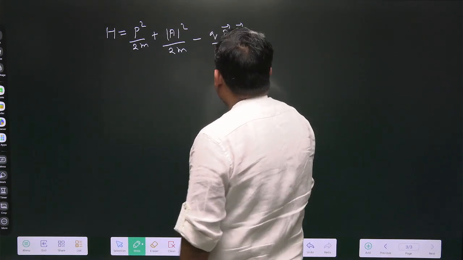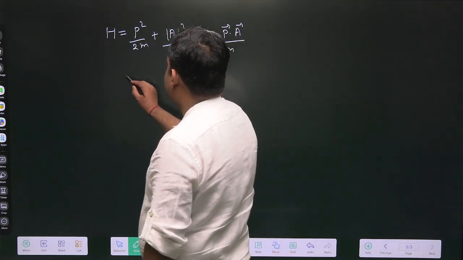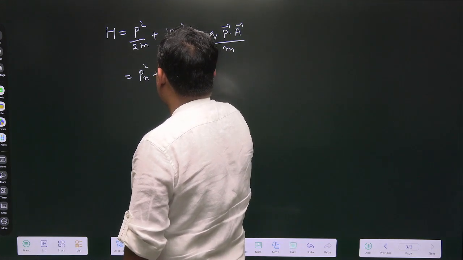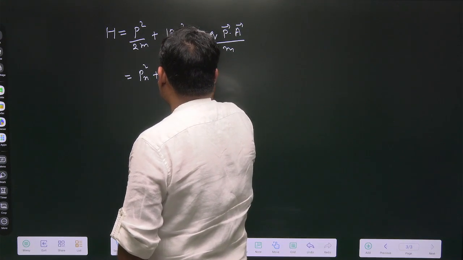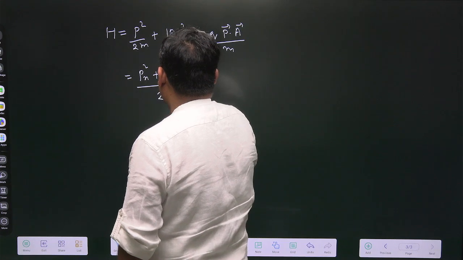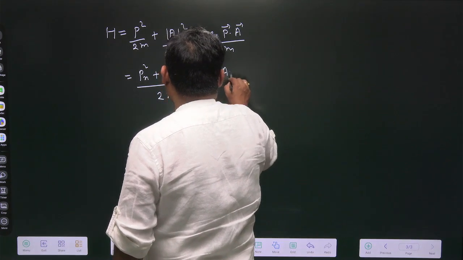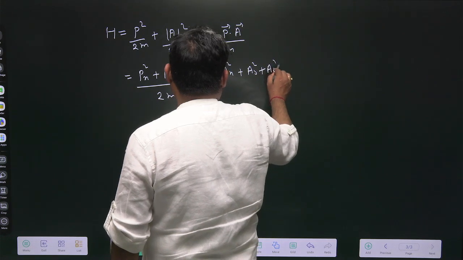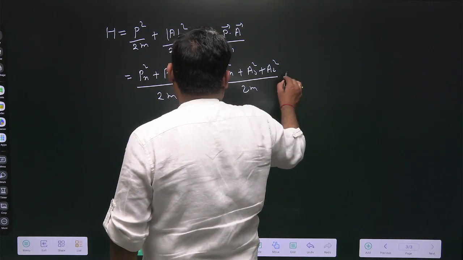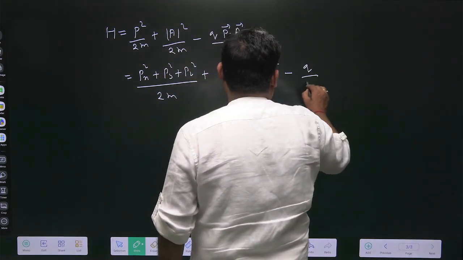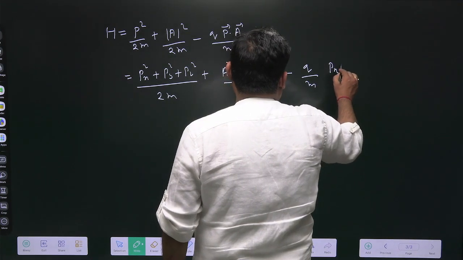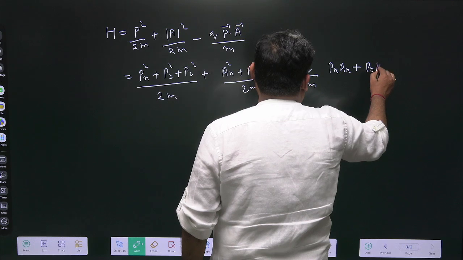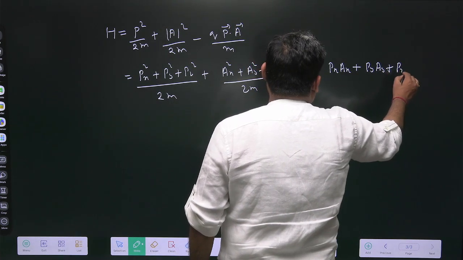I can write this as (Px squared plus Py squared plus Pz squared) upon 2m, plus (Ax squared plus Ay squared plus Az squared) upon 2m, minus q by m times (Px Ax plus Py Ay plus Pz Az).